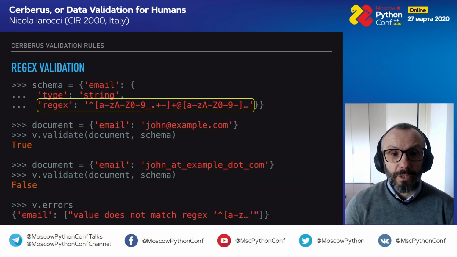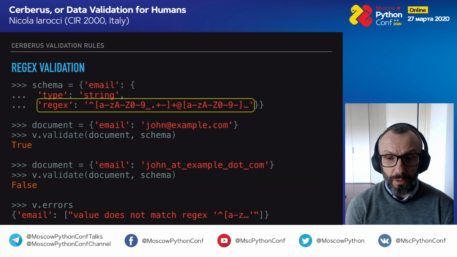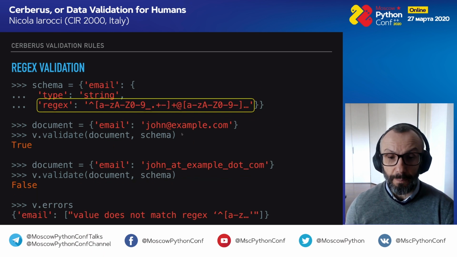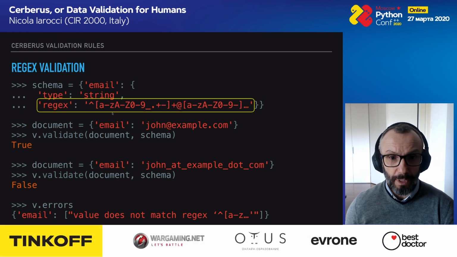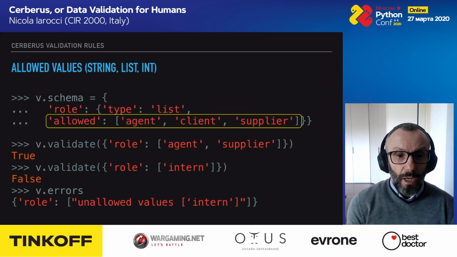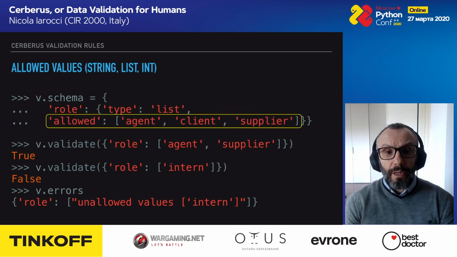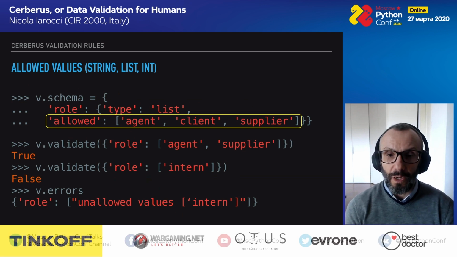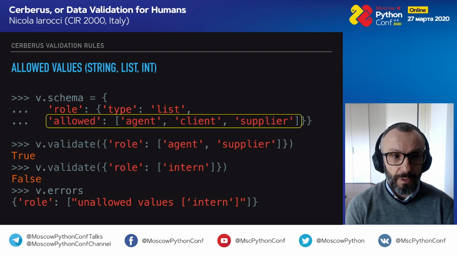We can match against a regular expression. This is another very common use case. Here we are validating an email field. Super easy, you just set your regular expression and you're done. Frequently, you only want to allow for some valid values, and this is done with the allowed rule.